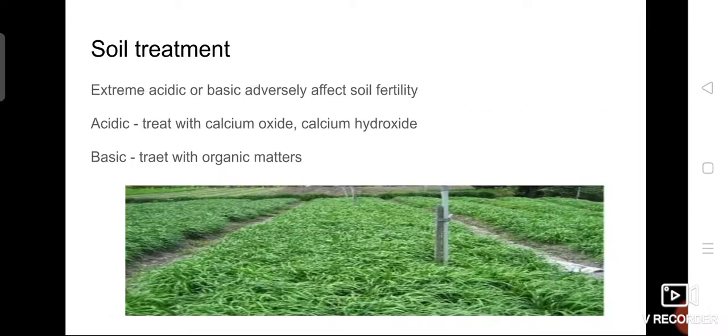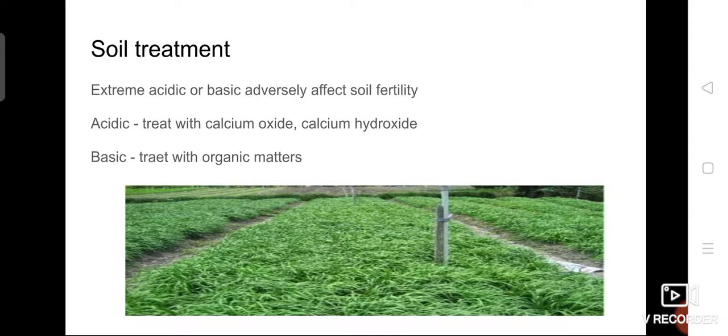Okay. The next thing, even in soil treatment, acid base neutralization is taking place. Whenever we talk about soil treatment, why are we doing that soil treatment? To increase the crop productivity, isn't it? So to increase crop productivity, we are using fertilizers, manure, so many things.